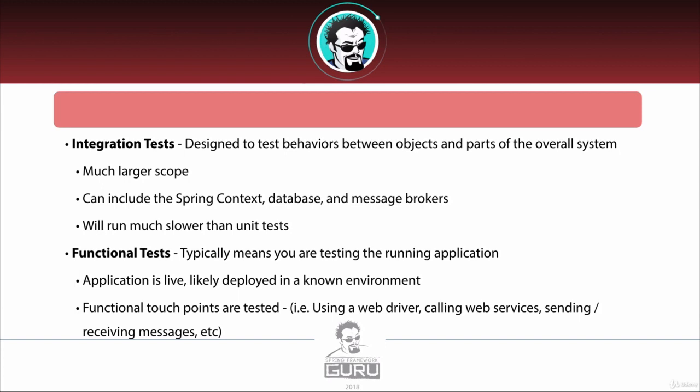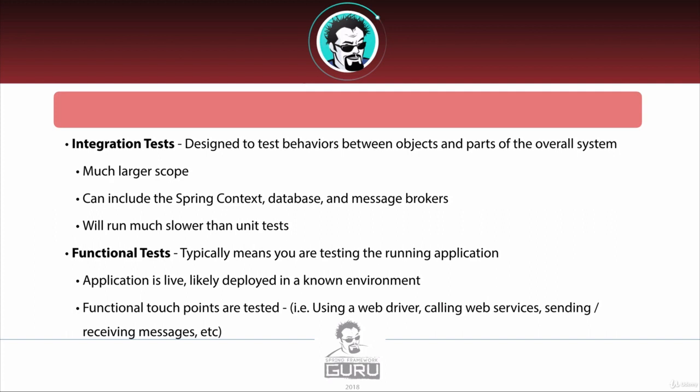Now, functional tests is another area that's largely, I think, abused. And people do vary in terminology here. Some people call these a number of different things, but functional tests are primarily going to mean that you are testing a running, typically deployed application. So you might have a test environment that you've deployed to, and you're going to run the functional tests. You might use a web driver to drive a web page.